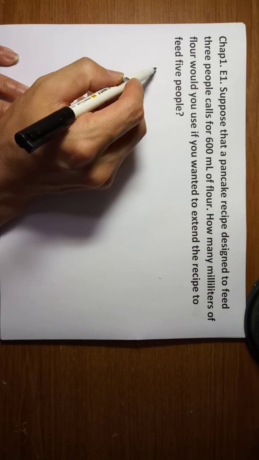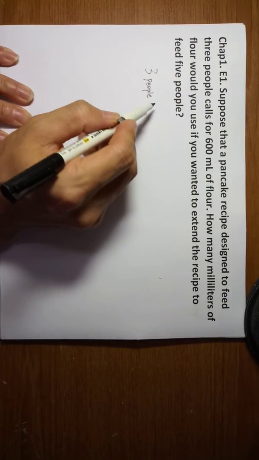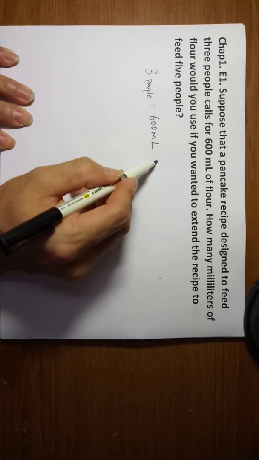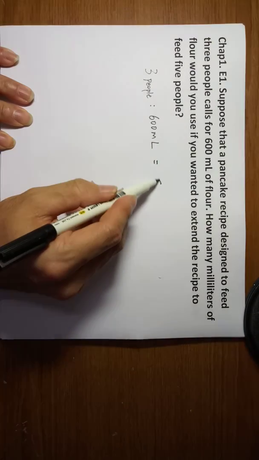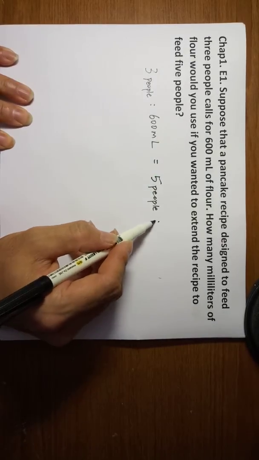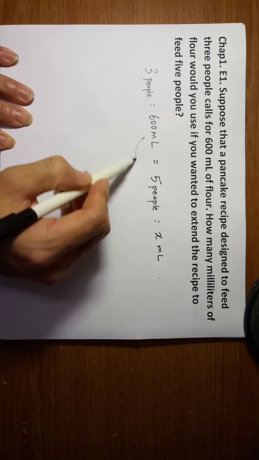So 3 people for 600 milliliter. Then how many milliliter for 5 people? And x milliliter of flour. Then you can cross multiply.